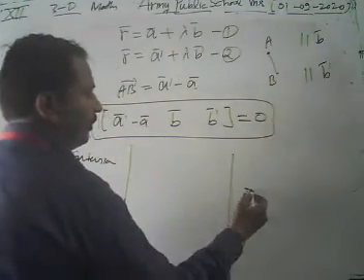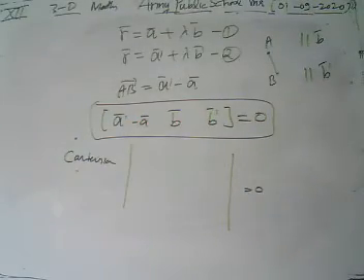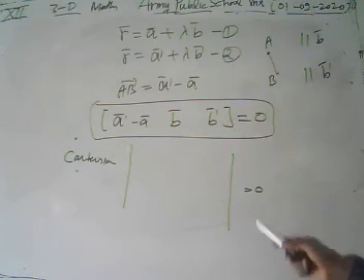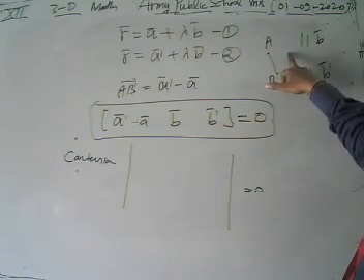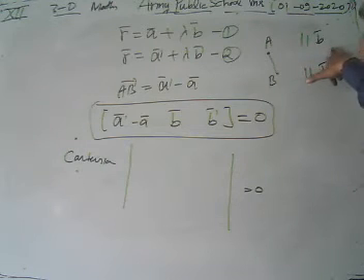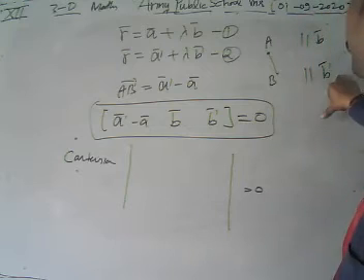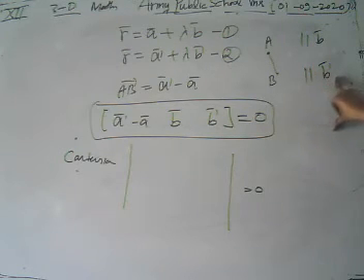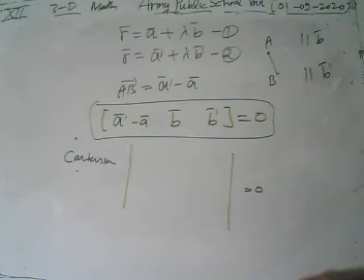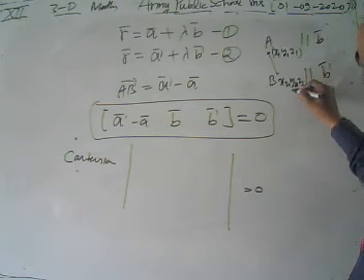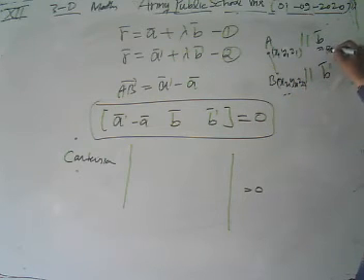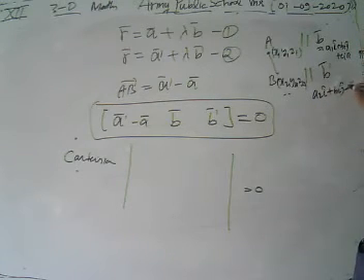How can we find this Cartesian form? Suppose point A is x1, y1, z1, and B is x2, y2, z2, and our vector b is given by a1 i cap plus b1 j cap plus c1 k cap, and b' is given by a2 i cap plus b2 j cap plus c2 k cap.